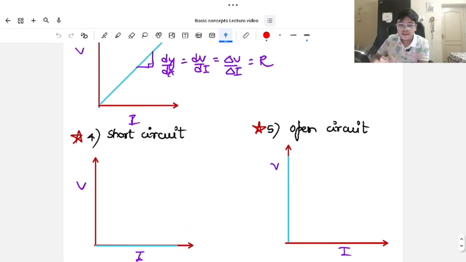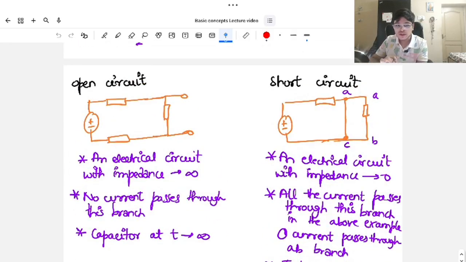Now let's understand these two terms, open circuit and short circuit. An open circuit is an electrical circuit with impedance tending to infinity. You may already be familiar with Z, that is impedance, the root of x square plus r square.